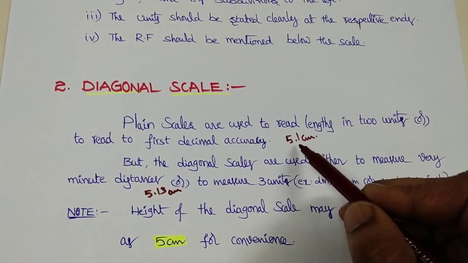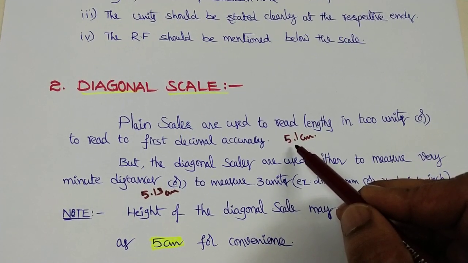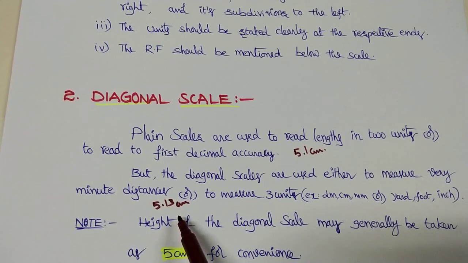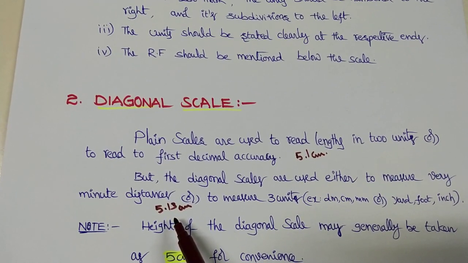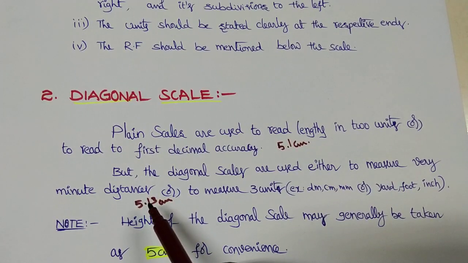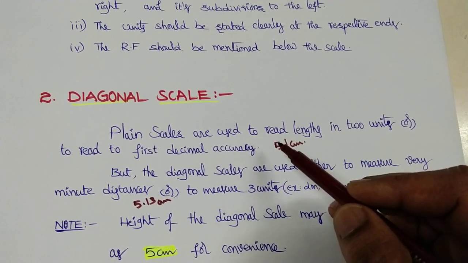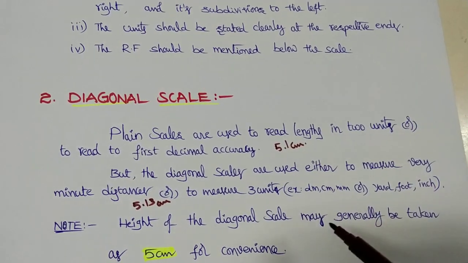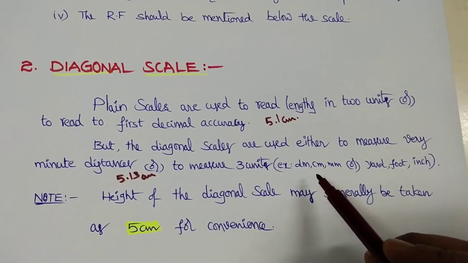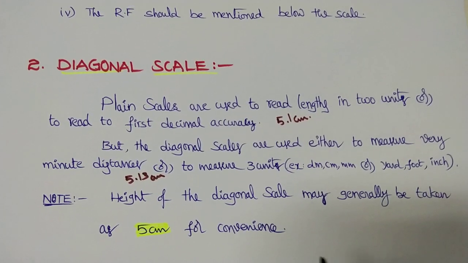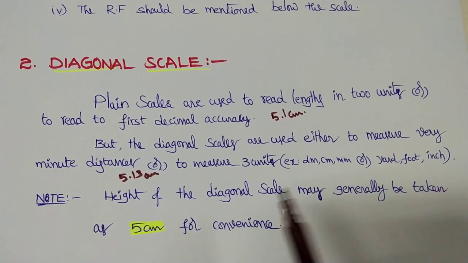With the plane scale we are able to show only 5.1 centimeter. Here we can show the decimal accuracy also, that means after the decimal point we are able to see two more numbers. So compared to the plane scale, the diagonal scale has more accuracy.